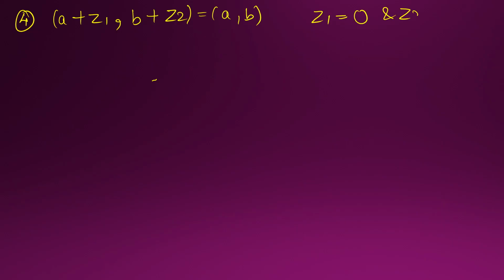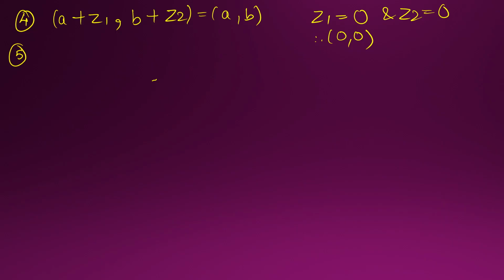So our fourth property is existence of zero vector. Let's say A plus Z1 comma B plus Z2 will be equal to A comma B. When is this possible? This is only possible when Z1 is equal to 0 and Z2 is equal to 0. Therefore the 0 comma 0 vector is there.